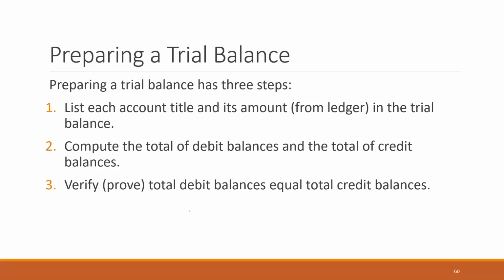We add up all of the debits and the credits, and then we verify that the total debits equal total credits. So that is another rule in accounting. Much like assets always equal liabilities plus equity, debits always equal credits. They have to equal each other in order for accounting records to be complete and balanced.